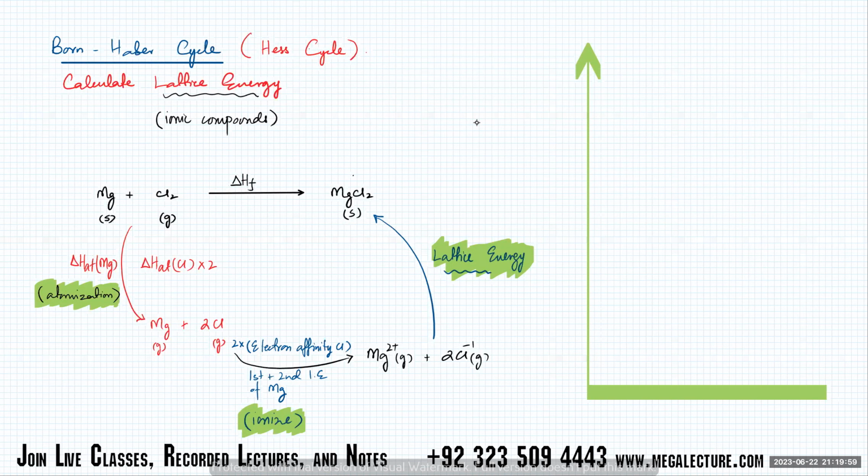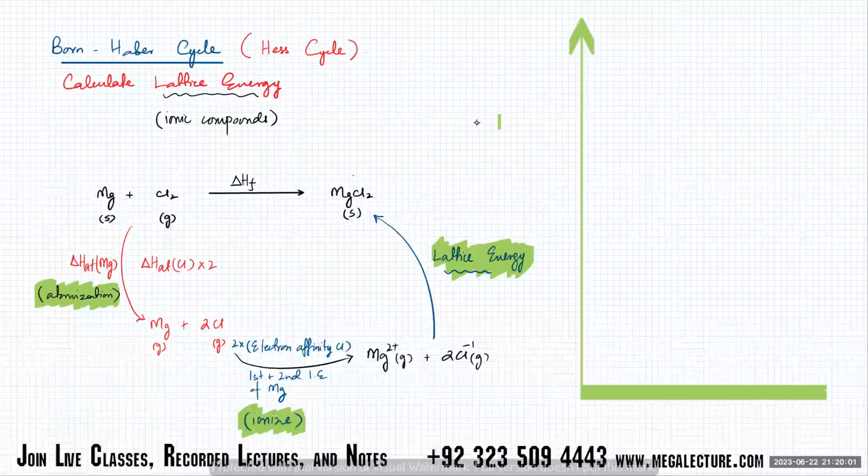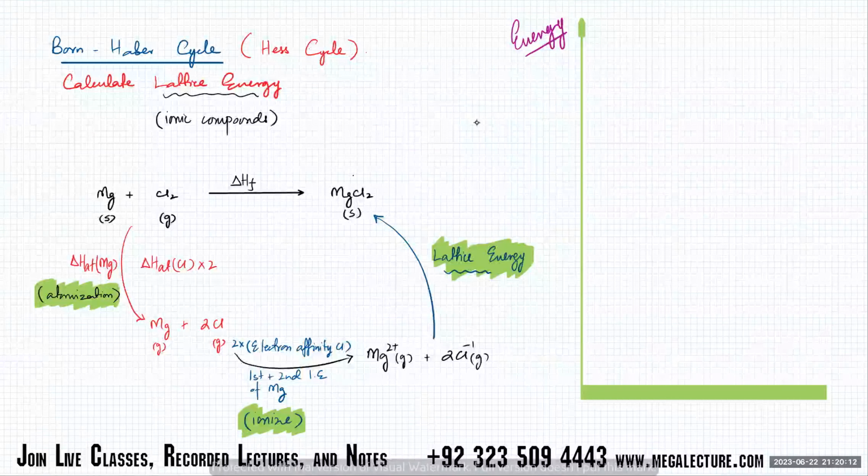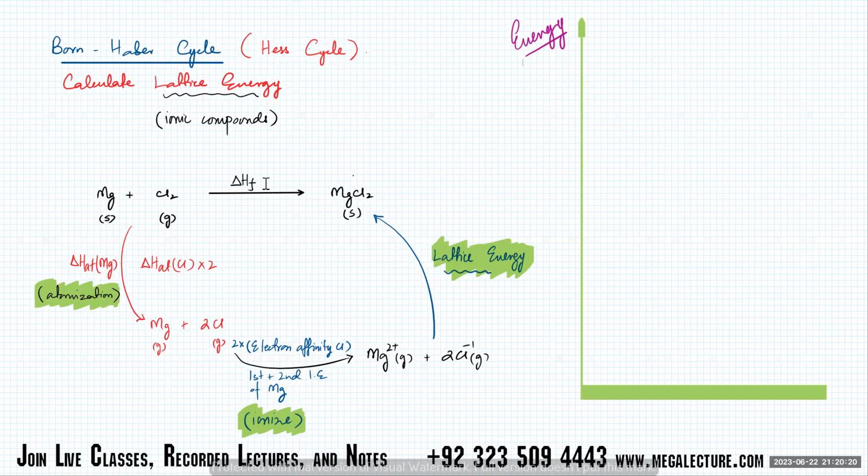So now, in a lot of cases, the Born-Haber cycle is drawn with an energy axis. The only thing is that it's now enthalpy of formation. Most of the time, it could be endo, it could be exo, but most of the time for ionic compounds, it is actually exothermic.